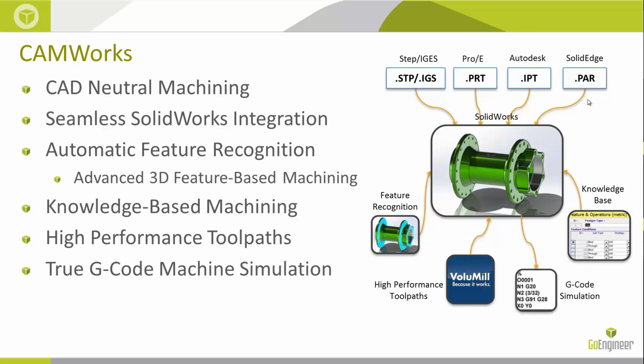Finally, we can add this last item here, the true G-code machine simulators. So every CAM package out there does a built-in simulation, right? We live and die by it. We program the parts, we simulate it, we watch the tools remove the stock, and then we can even run a comparison against the original file, and it will show us how accurate we are.